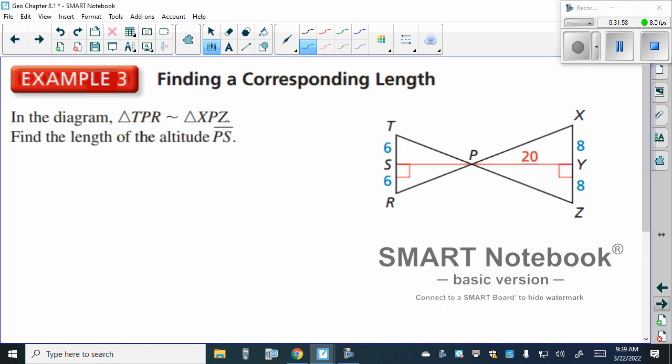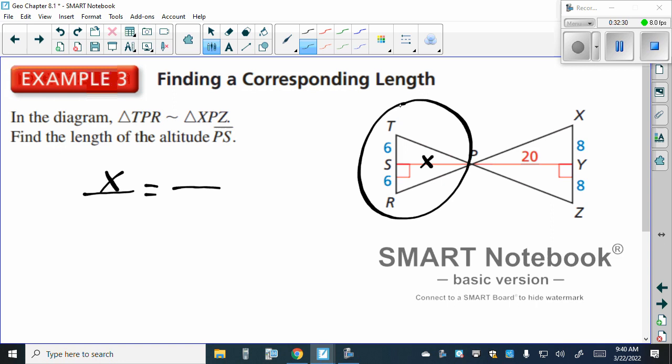Let's look at this next one here. So we want to find the altitude. The altitude of a triangle is its height. So what it's actually asking for is this length here. Now again, we're talking about similar figures, and if we're solving, we're talking about two proportions, two fractions. And we know we want to find out what the length of x is, yes? What's a side length that's connected to our side length of x?